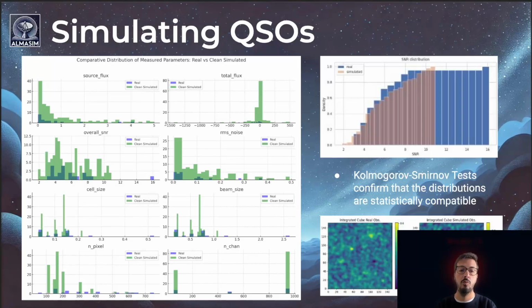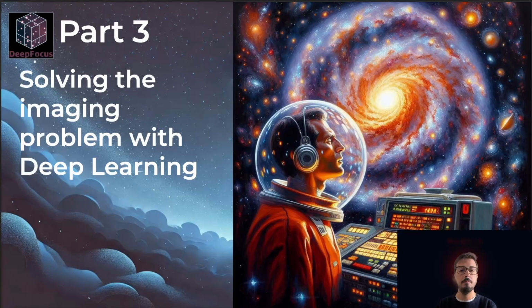We were able to measure their observational and source properties, and they were completely matching the ones that we were able to produce with ALMA-SIM, which means that with ALMA-SIM, given a type of target, we can recreate simulated sources which are statistically similar from a data point of view to the real ones. And thus, we deem that they are a good candidate to train deep learning models.